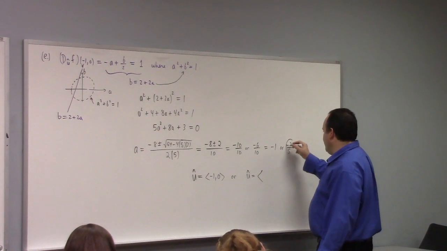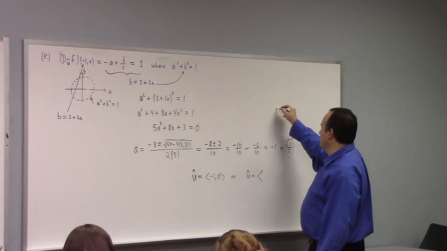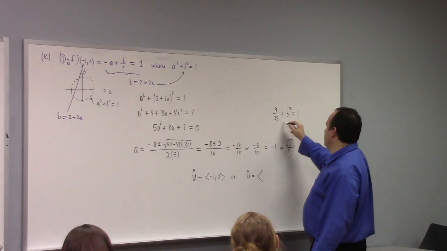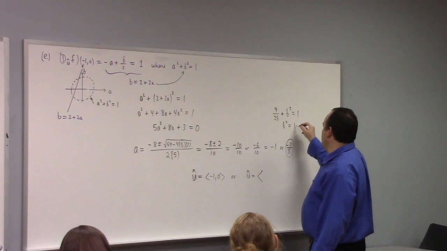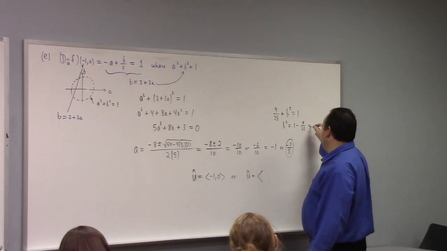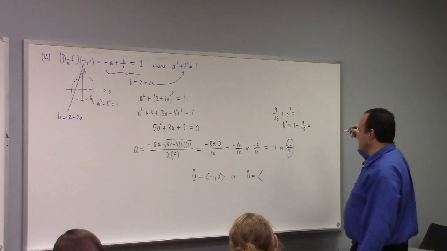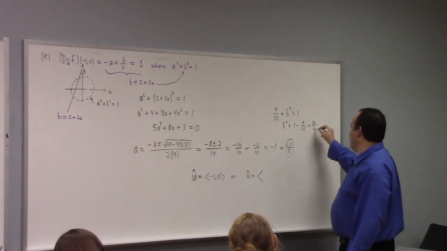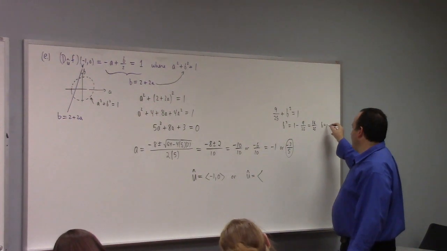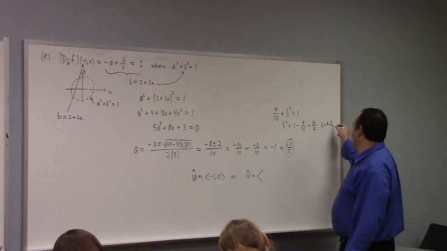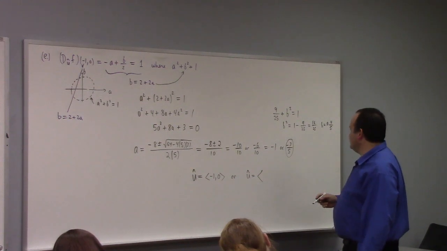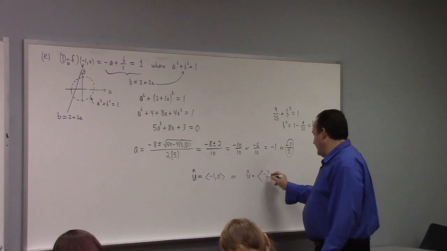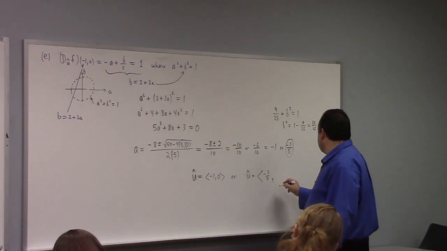So if this is my a, so I have 9 over 25, 30 over 25 minus 12 over 25, so equal to minus 4 over 5. This is right.